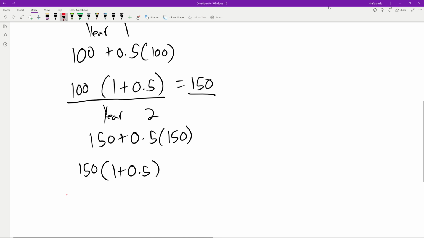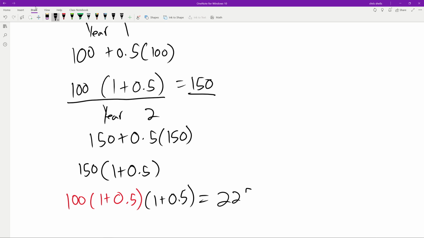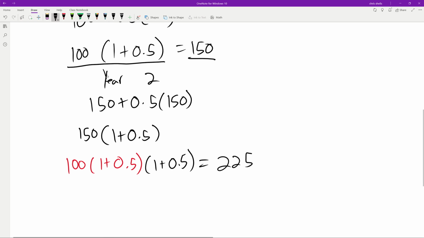So we're going to rewrite this as 100 times 1 plus 0.5 times 1 plus 0.5. And the red section here is equal to 150. And this is equal to 225. And notice that this can be simplified as 100 times 1 plus 0.5 squared. And this is 225.